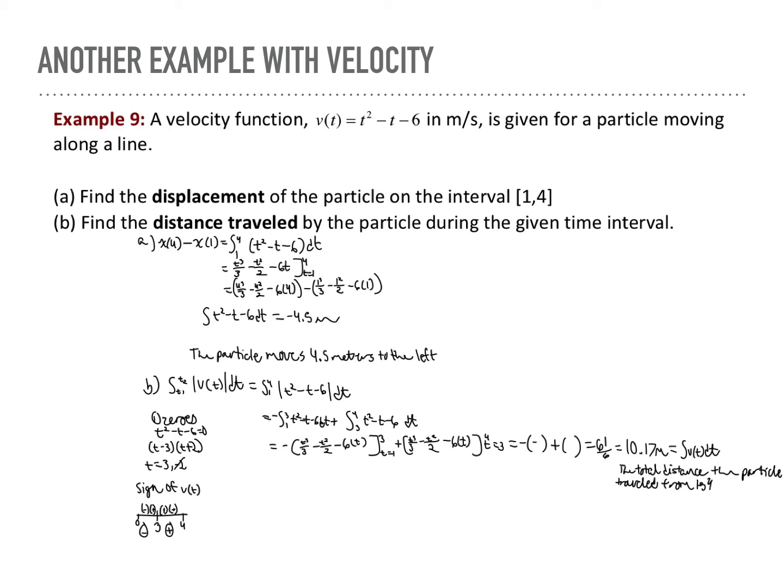When we figure that out, it becomes t cubed over 3 minus t squared over 2 minus 6t, evaluated at t equals 1 to 3. Then when we plug that in, we get 61 over 6, which equals 10.17 meters, and that's the total distance the particle travels from 1 to 4. And obviously that would be positive since it's the absolute value.